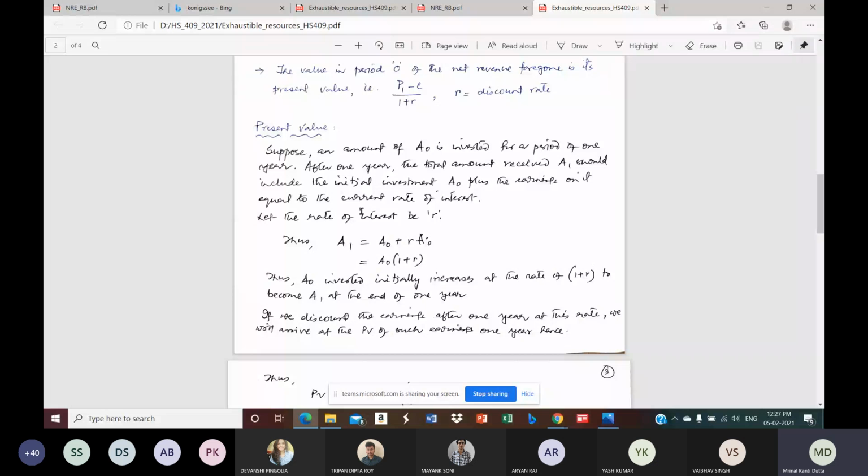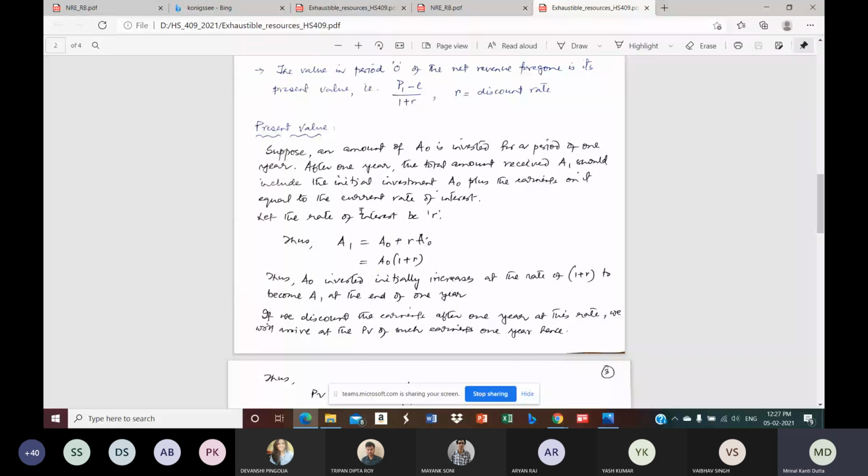So that backstop price is very important, because we have to take a call when we have to switch over from one resource to the other. This is also known as the choke price. Choke price basically talks about the upper limit on the augmented marginal cost.